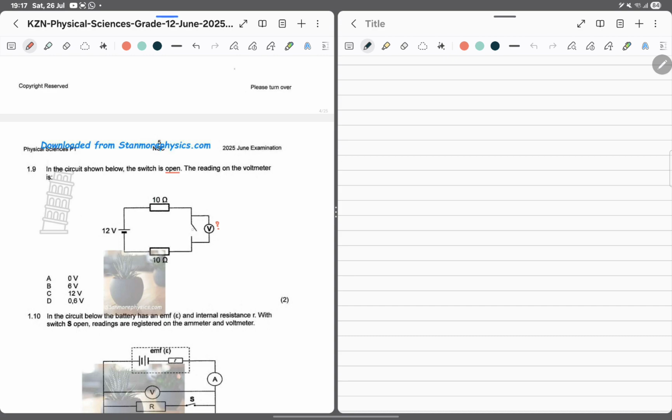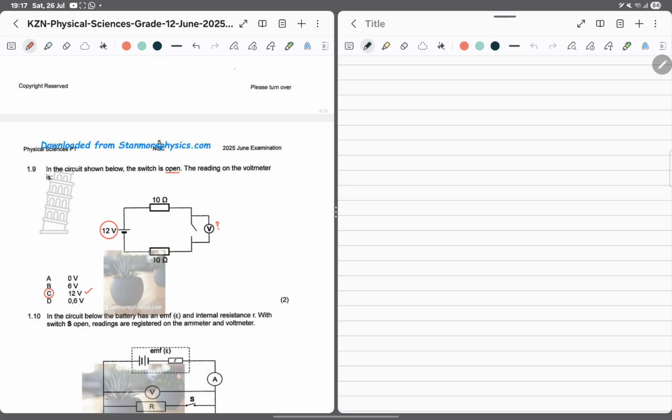And reading the potential difference across the ends of that broken circuit is as good as reading the potential difference across the terminals of the battery. And that should read the EMF, because this is another way of just showing the definition of EMF using a schematic diagram. So this should be C.